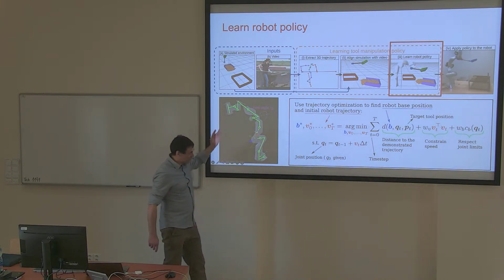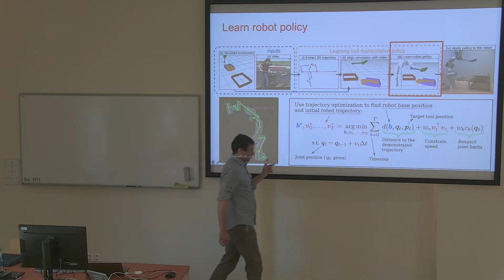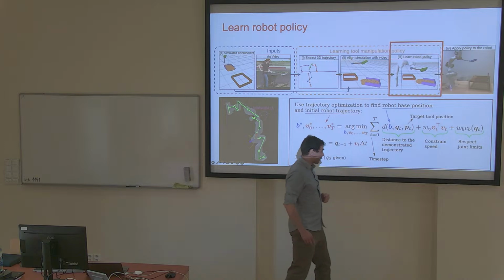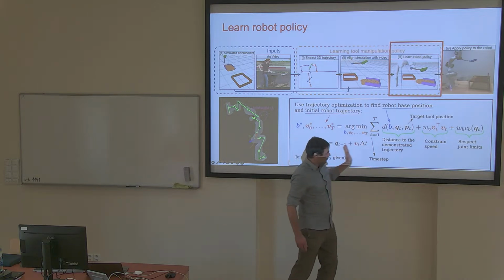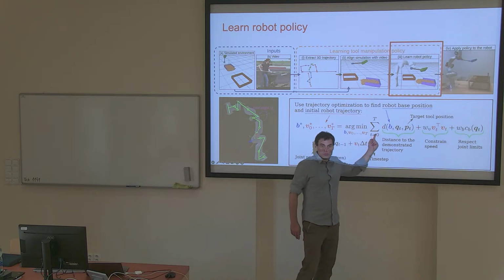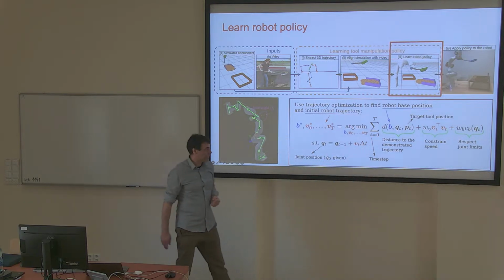So here we formulate it more as an optimization problem. And so we optimize over time. These are the time steps, it can be a 10-second motion, but they are usually sampled much more, maybe 10, maybe 100 samples per second.